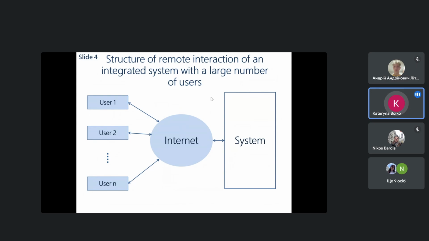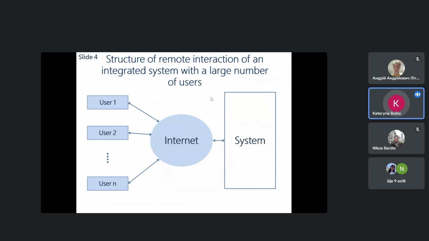The presented study examines one of the most practically important types of interaction, namely interaction involving a large number of users that interact with the system.